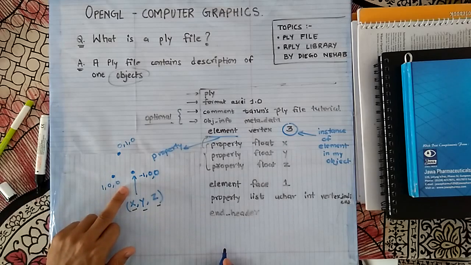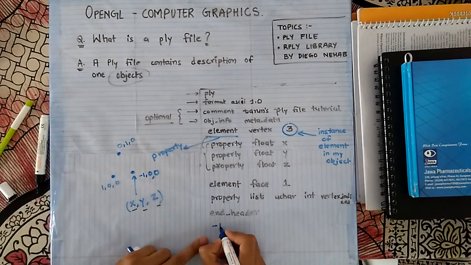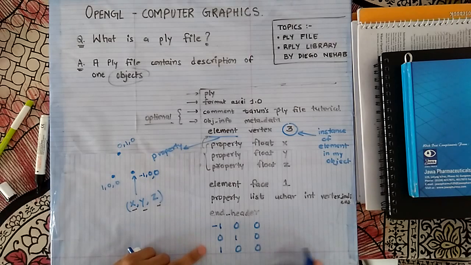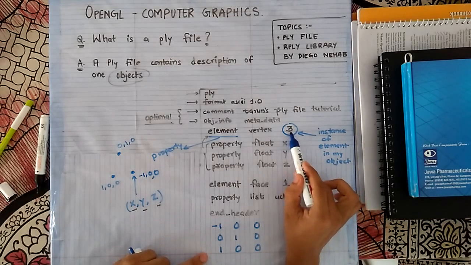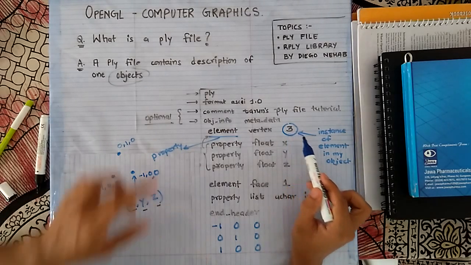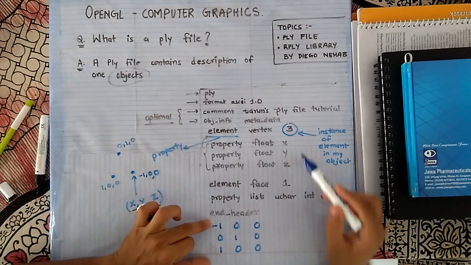So I'll write all the three vertices in sequence: -1 0 0, then 0 1 0, then 1 0 0. As I have defined three instances of this element, the first three lines will be of the first type of element.